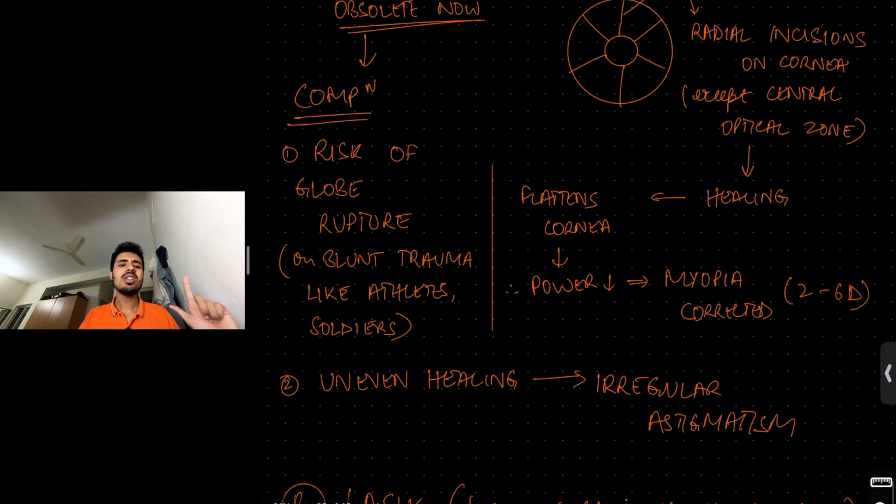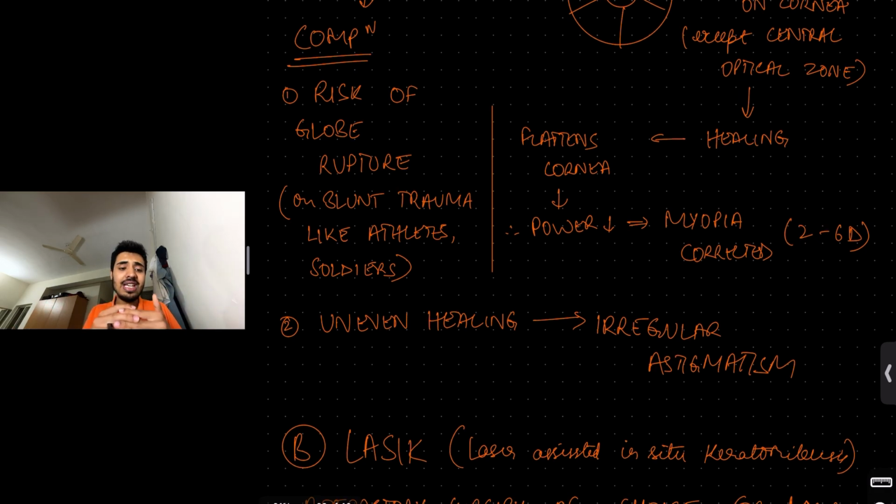And second one is uneven healing of those incisions can lead to irregular astigmatism. That is the reason why we don't do radial keratotomy. So astigmatism due to uneven healing and risk of globe rupture.